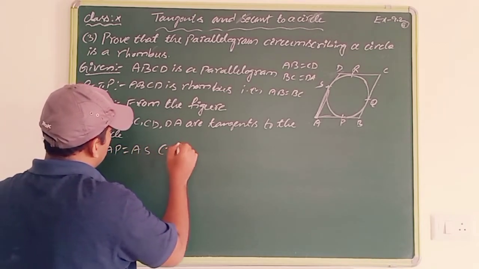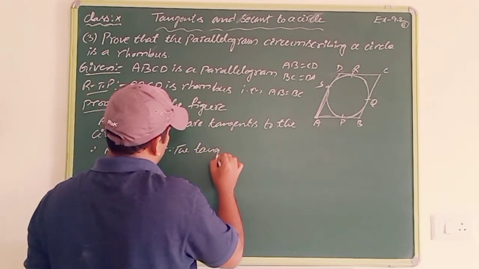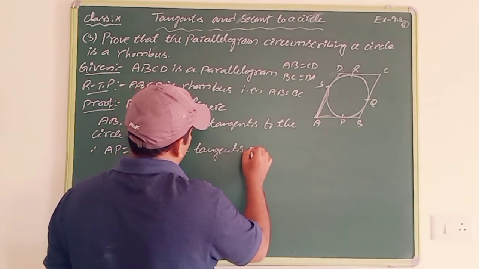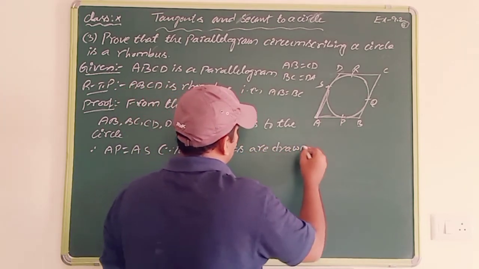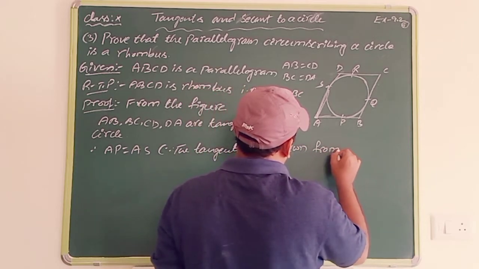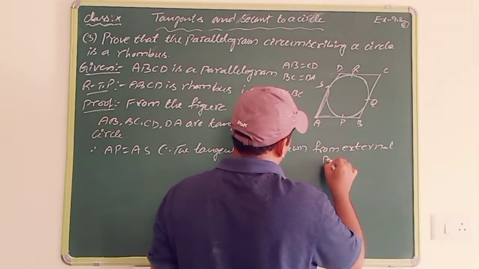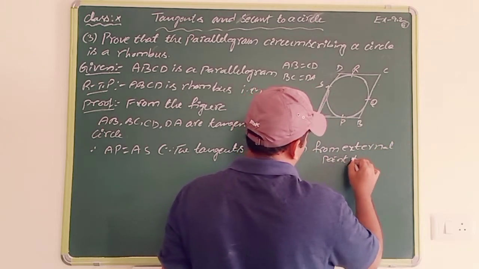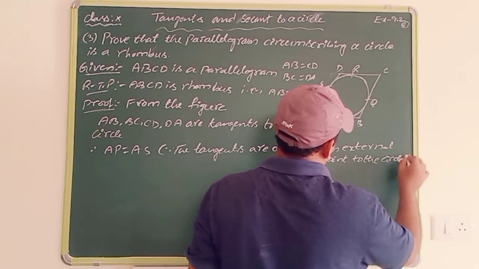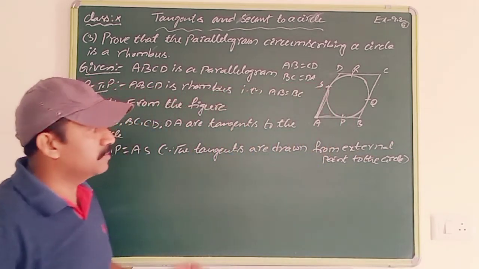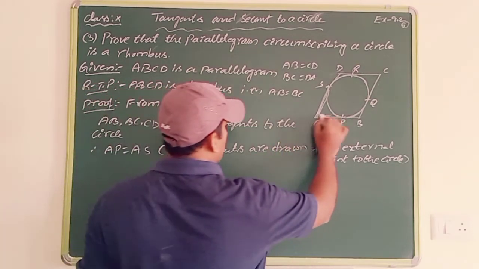The reason is, since the tangents drawn from an external point to the circle are equal. So AP is equal to AS.